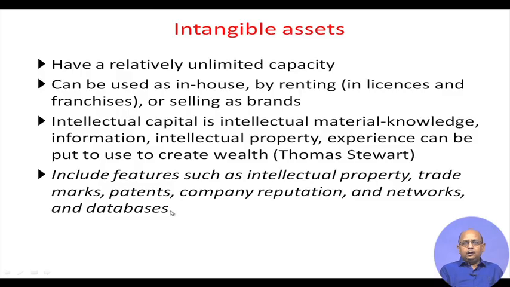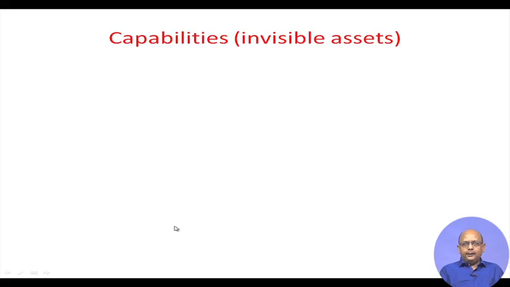All of them could be a part of what you call intellectual capital, intellectual assets, intangible assets. So, when we talk about intangible assets, the idea is to create market value for the organization, while tangible assets create book value. I hope the difference between intangible and tangible assets is clear to you.